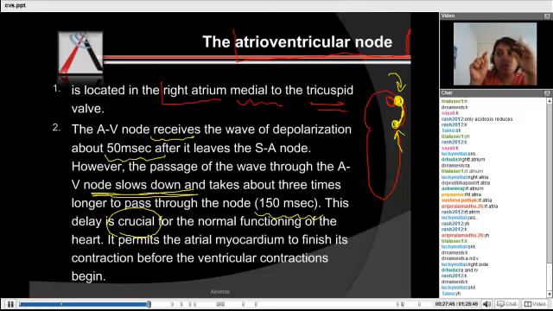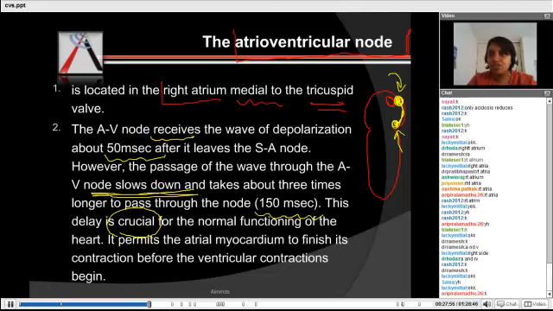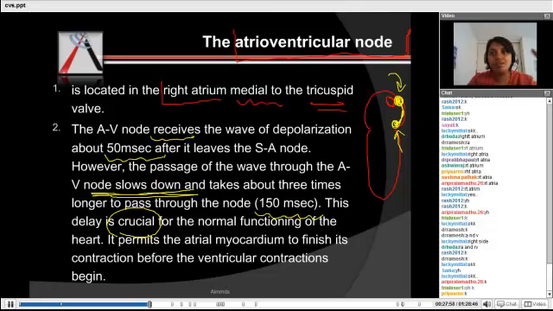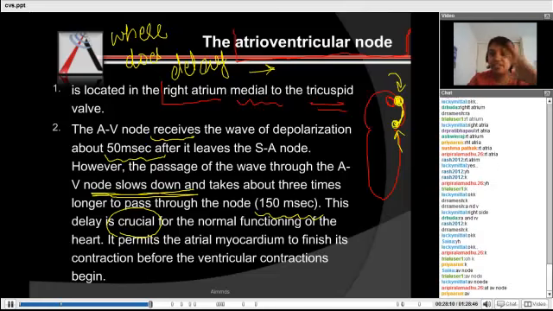It will allow the total emptying of the atria and then let the impulse go to the ventricles so that now the ventricles fire. That is why the delay in the AV node is important. But what you have to understand is where the delay takes place. It's in the AV node, and that's an MCQ.